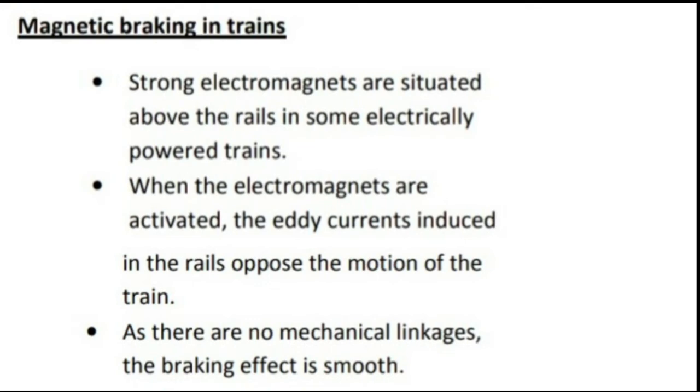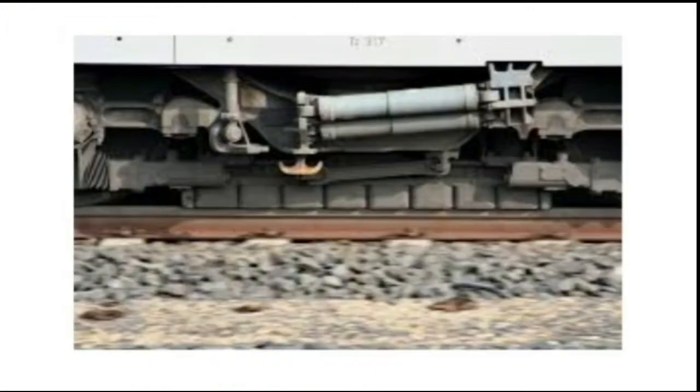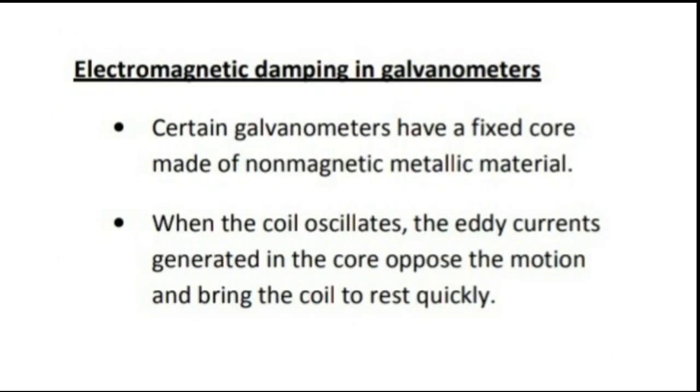If you are using a mechanical brake system, there will be loss of energy because of friction. But in the case of braking like this, the loss of energy in that form is very less. So this shows the rail and wheel of the train.